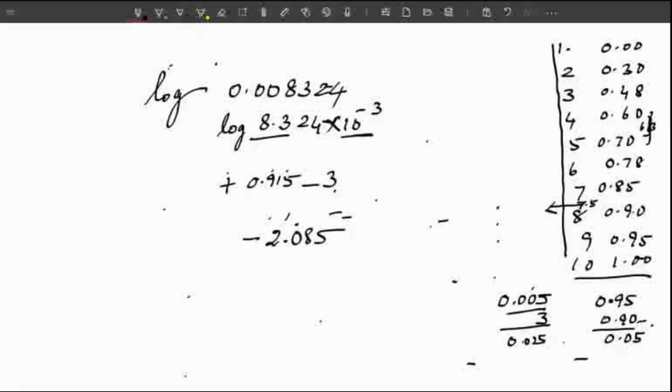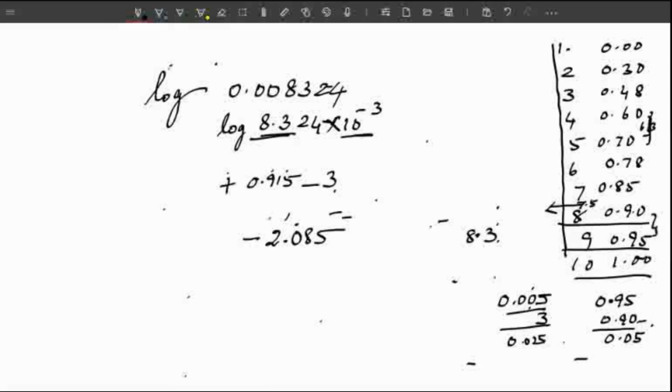Shall we once again repeat from 0.001? Here for 8 the value is 0.90. For 9 the value is 0.95. But we want to take the logarithm for 8.3. For 1 decimal, how many increments are there? Find out.